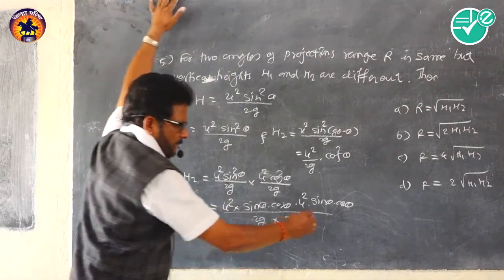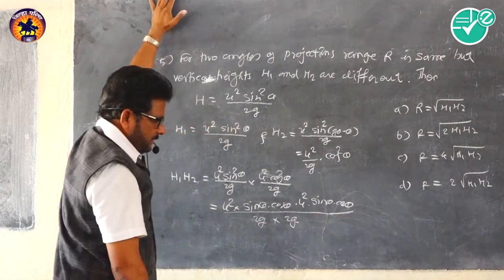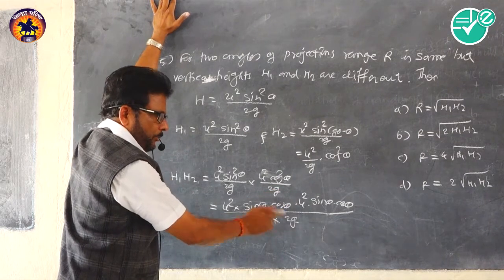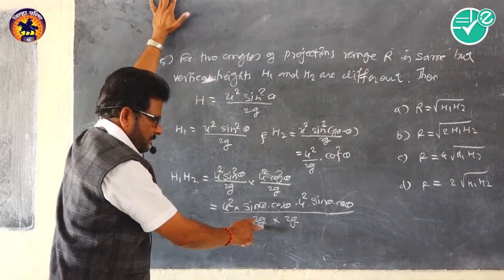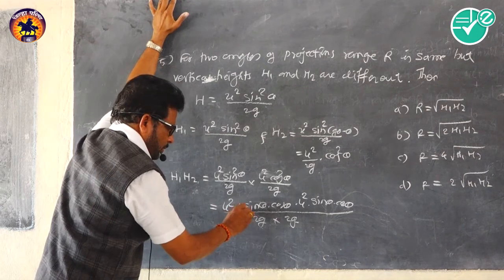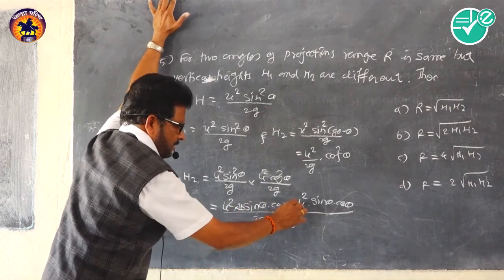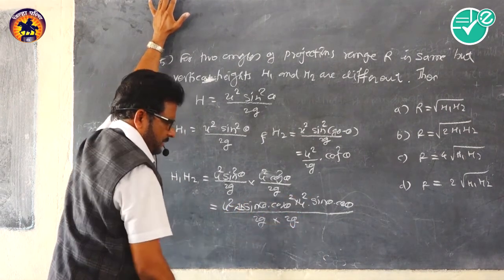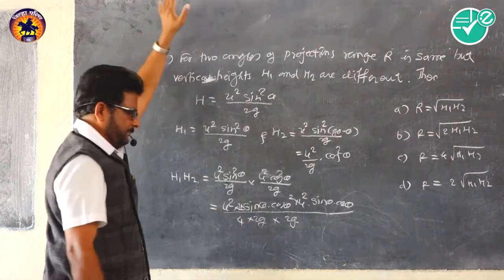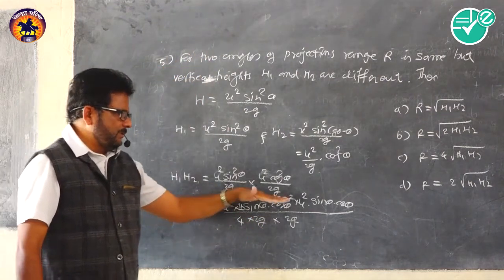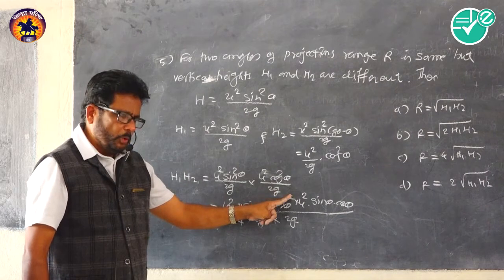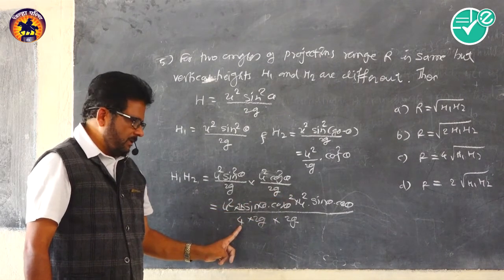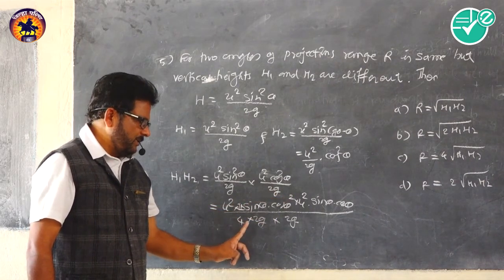If we multiply and divide this equation by 4, so that we take 2 here and 4 here, we have multiplied the numerator by 4 and divided the denominator by 4.